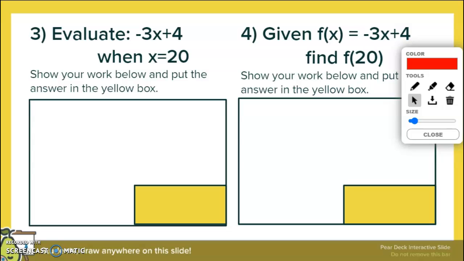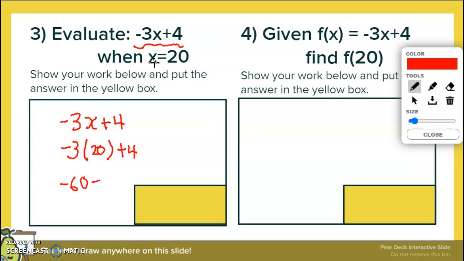So in this expression, negative 3x plus 4, notice do not lose the negative sign. Wherever I saw an x, I am going to put parentheses and replace it with 20, plus 4. Because x has the value of 20, negative 3 times 20 is negative 60, plus 4, and that's going to be negative 56.